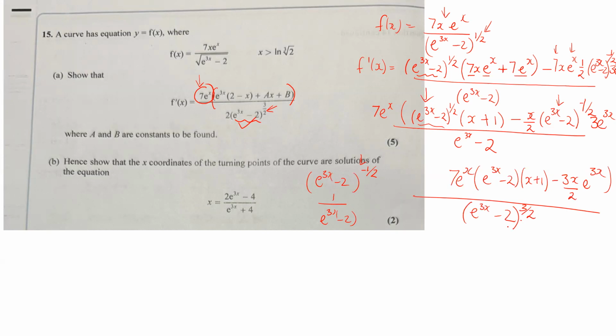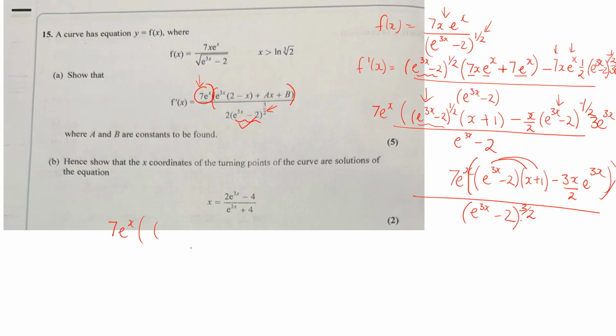We've got everything. So what we can do now is that 7 e to the x at the front is all of that numerator. Now let's leave some room. And now these two terms, I can FOIL them out. So we've got 7 e to the x, and then I'm just going to FOIL these out.